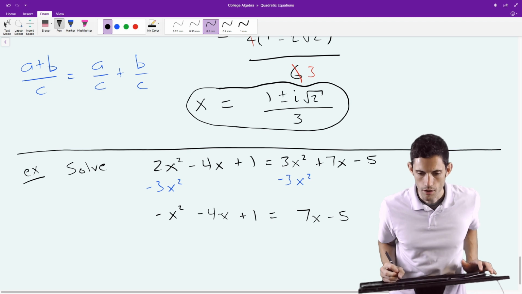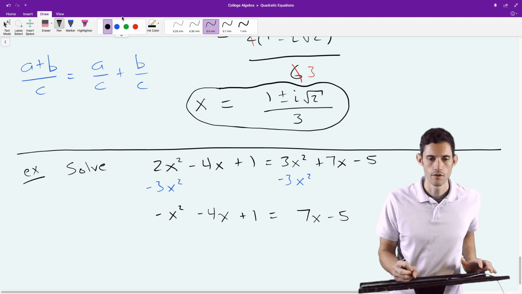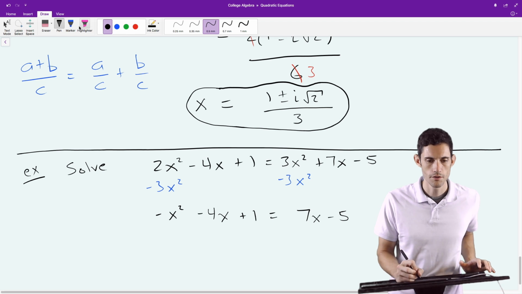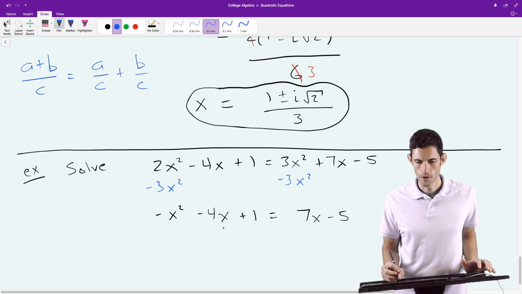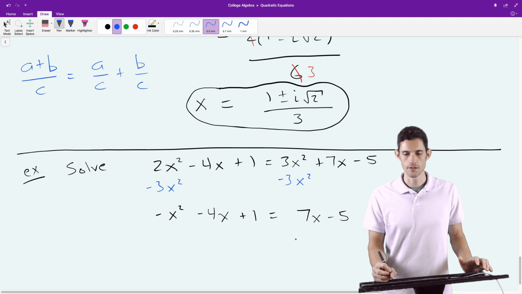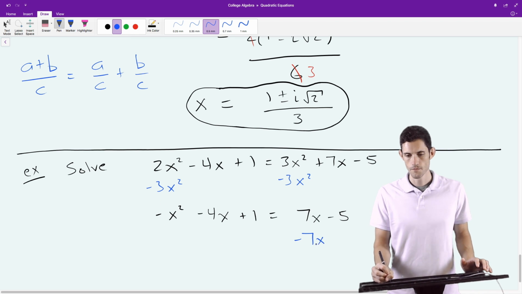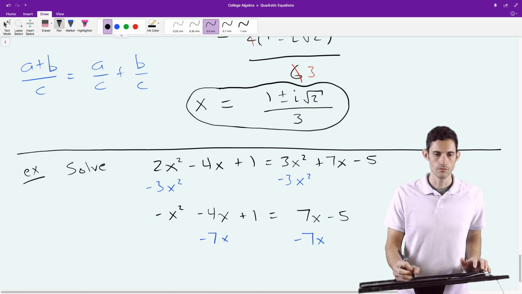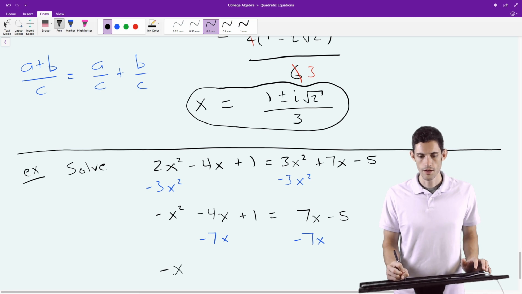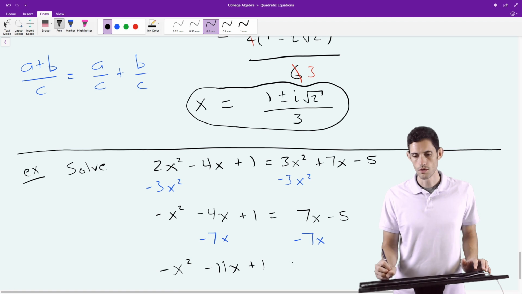And then I'm going to combine all the x to the power of 1 terms. So I'm trying to get everything to the left-hand side, so I'm going to subtract 7x. You have to do the same thing to both sides, of course. So now I've got negative x squared minus 11x plus 1 is equal to negative 5.